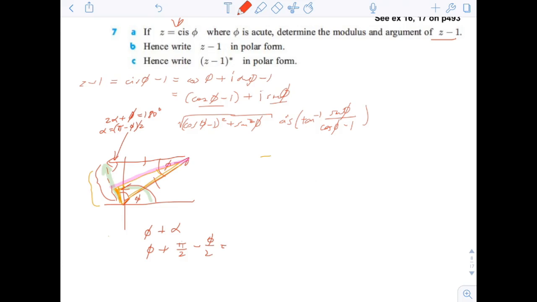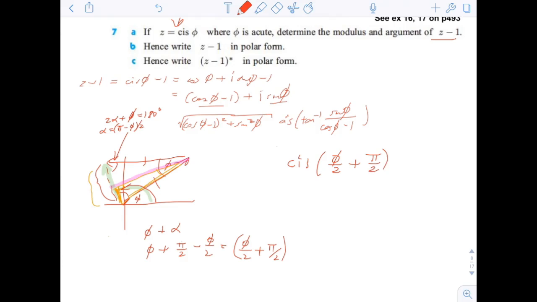So if I was to simplify this, I would get phi over 2 plus pi over 2. So it turns out that the argument of the green vector is phi over 2 plus pi over 2. We're going to write that here. Phi over 2 plus pi over 2.